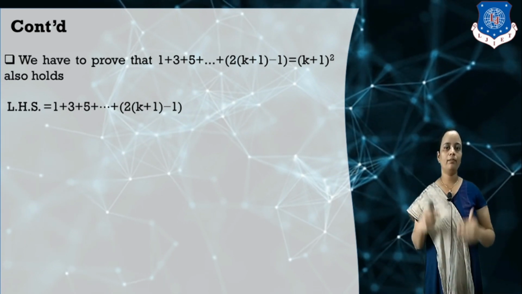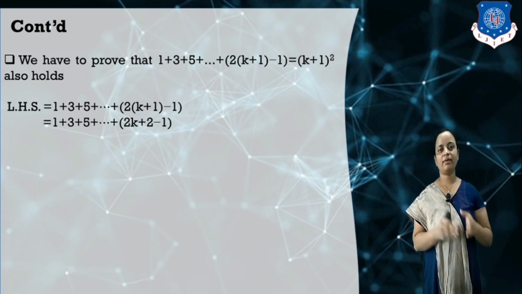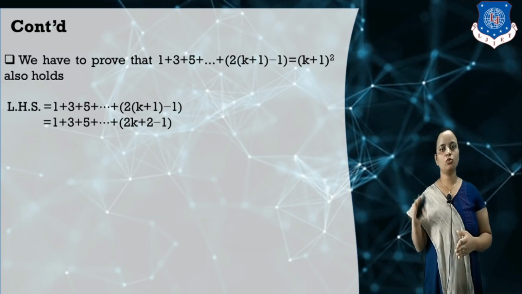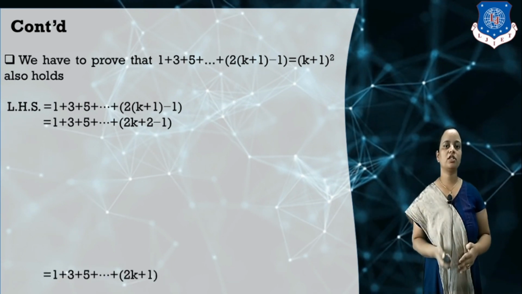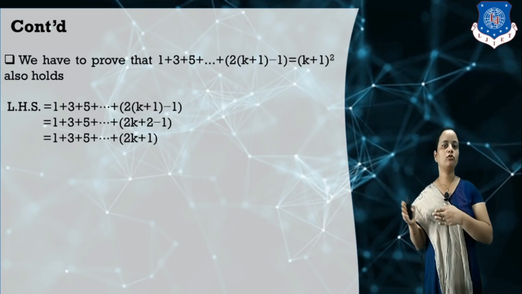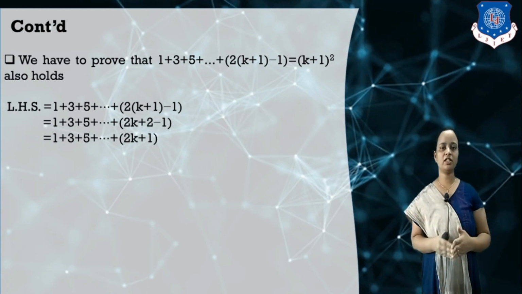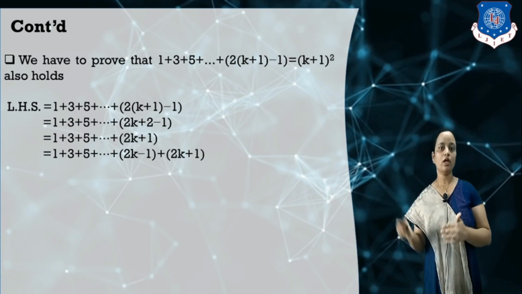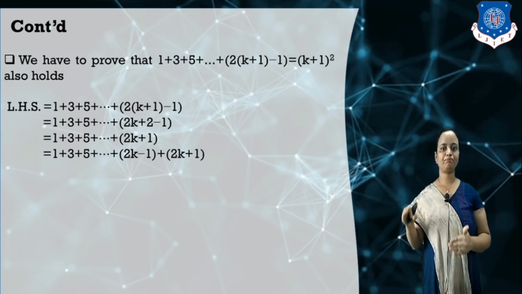Now can we write down this term? 2 multiplied by k plus 1 minus 1 is 2k plus 2 minus 1, which is 2k plus 1. So the sum is 1 plus 3 plus 5 up to 2k minus 1, 2k plus 1.